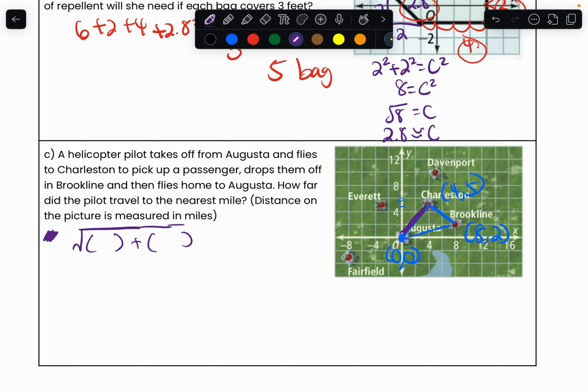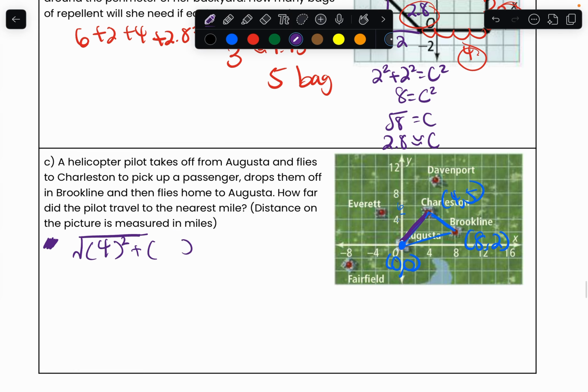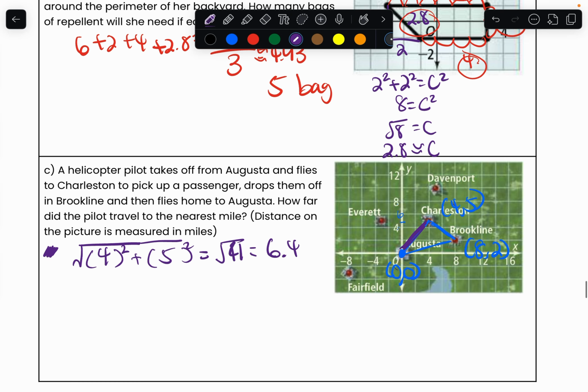I'm going to square it. Then I do my difference between my y, which is going to be 5. So it's going to be 5 squared. If I simplify this in the calculator, I will get the square root of 41. Rounded to the nearest 10th place, it'll be 6.4. This means that this distance right here will be 6.4.